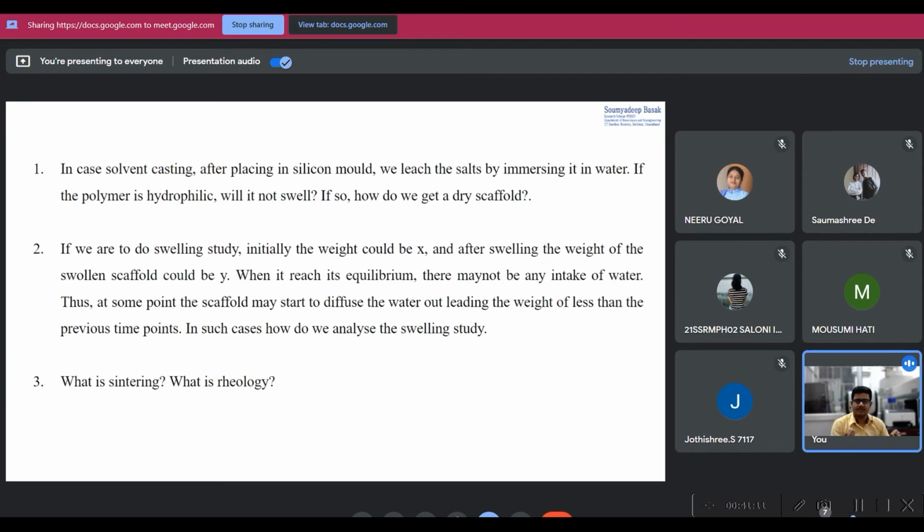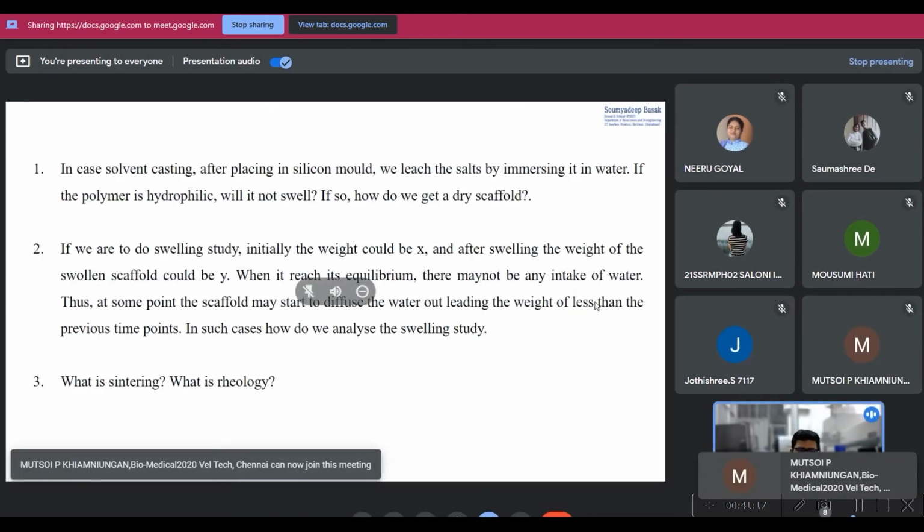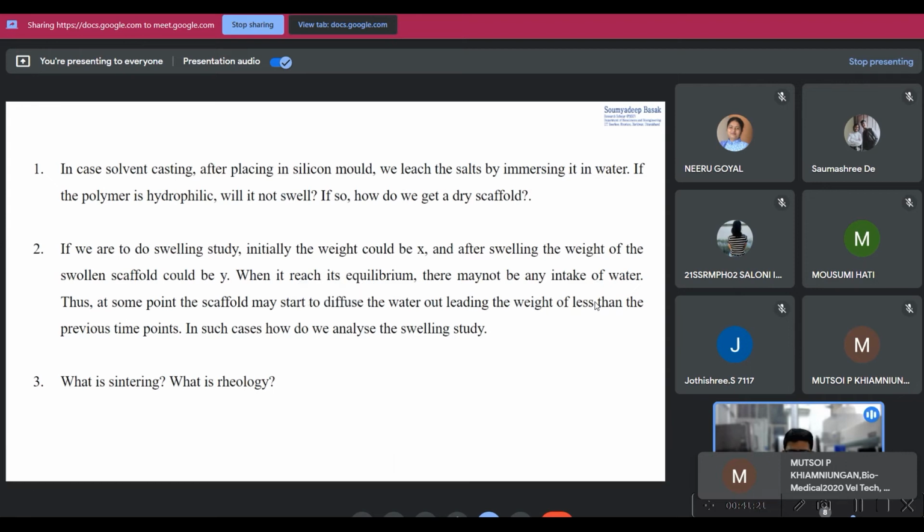We are betting that the polymer we have used is hydrophilic and that it swells, because after it swells and is cross-linked, when we are leaching we are just dissolving the salt used in the salt leaching method, so only the salt portion goes away. Because of the cross-linking, the polymer will stay stable. After that, we go for lyophilization, and then we get a dry scaffold.